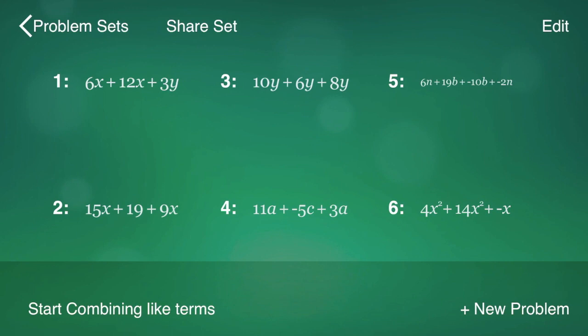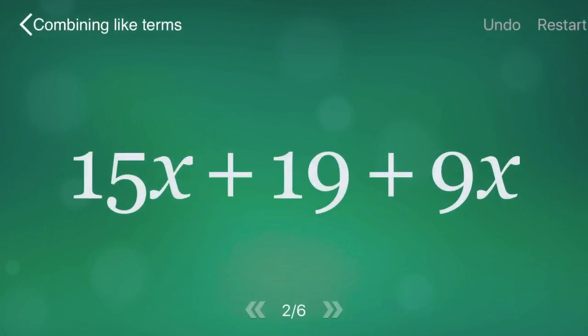All right, if you want to take a look at number 4 from the first page. For number 4, we have 15x plus 19 plus 9x. So a strategy to use instead of highlighting these could be to rewrite the problem with the like terms next to each other.